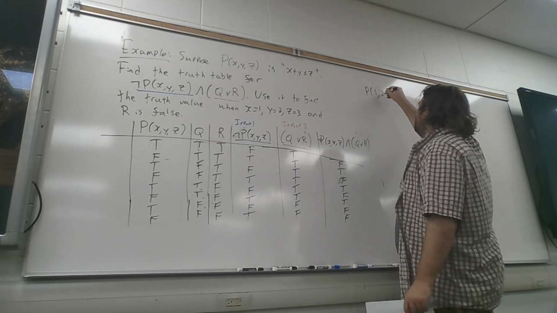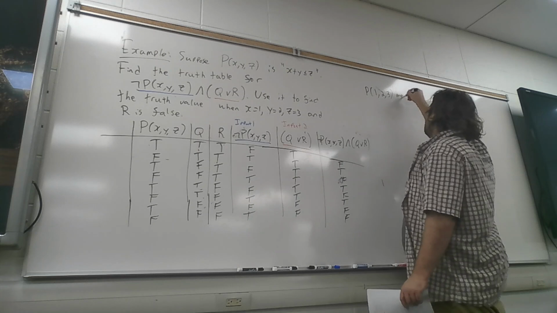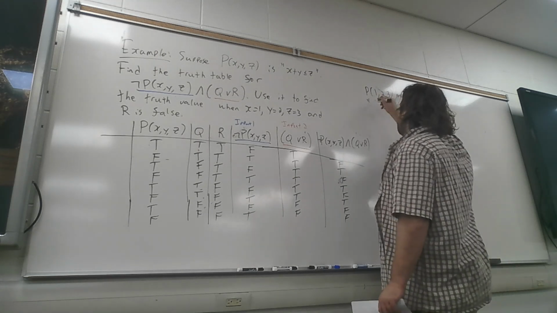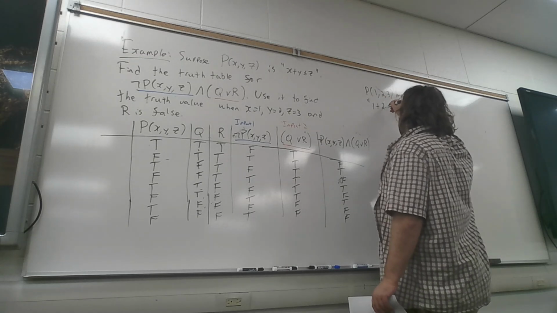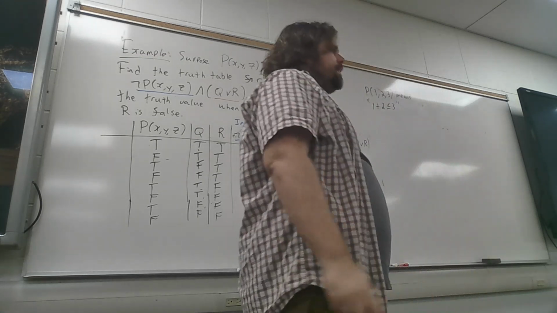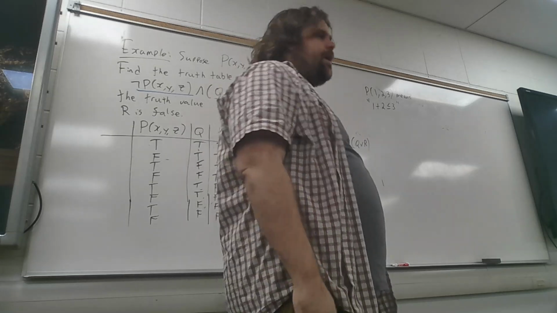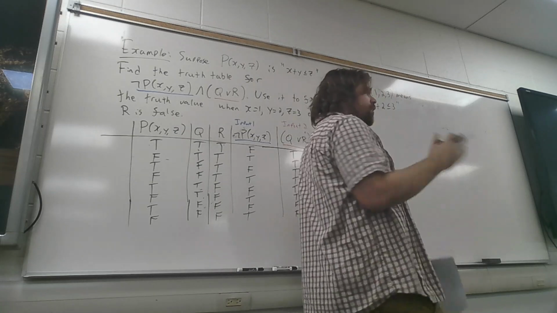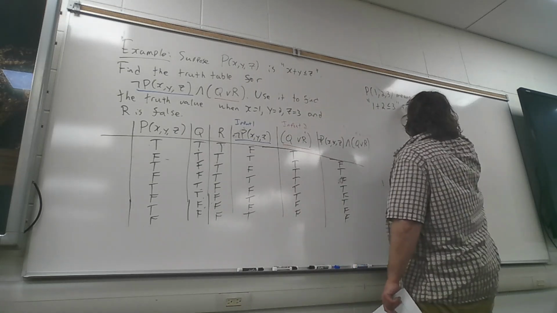What does P of 1, 2, 3 mean? Well, we just have to remember what the statement was. It was the first number plus the second number less than or equal to 3. Is that true or false? Right. Because this is 1 plus 2, which is 3, is less than or equal to 3. That's a true statement.